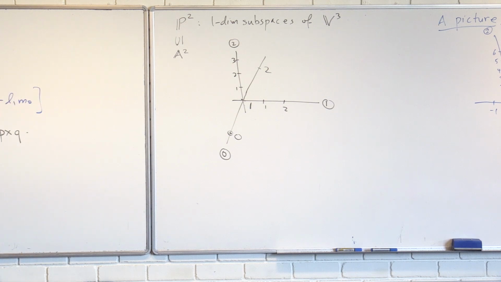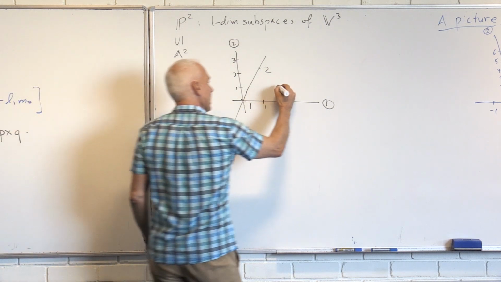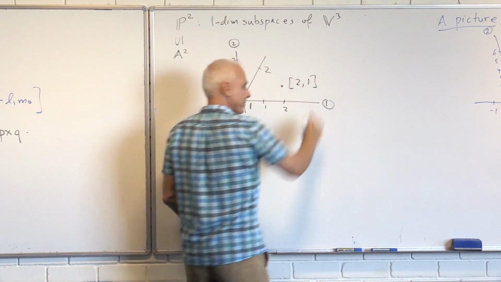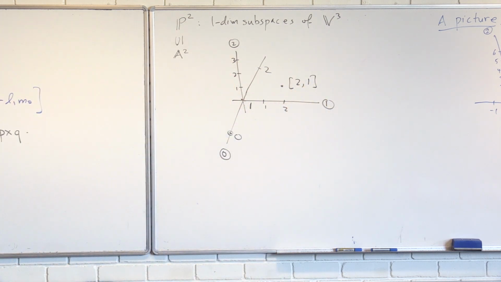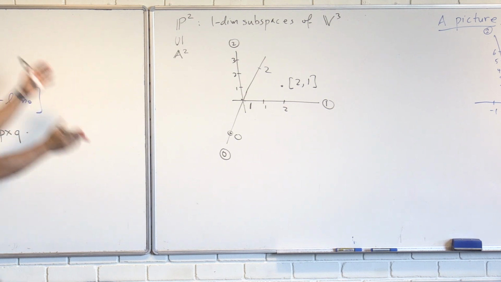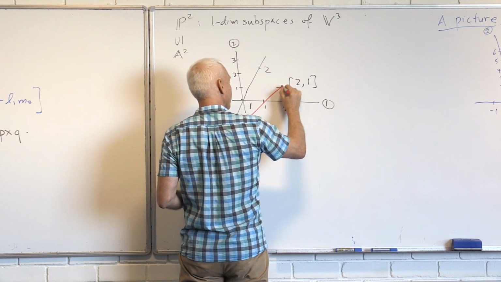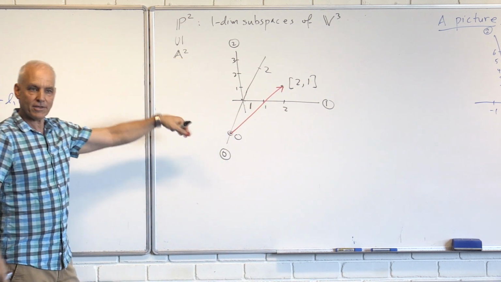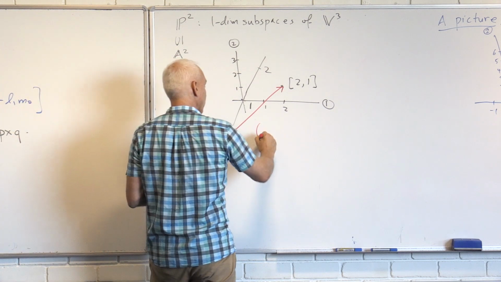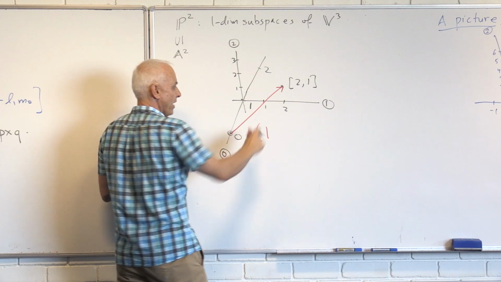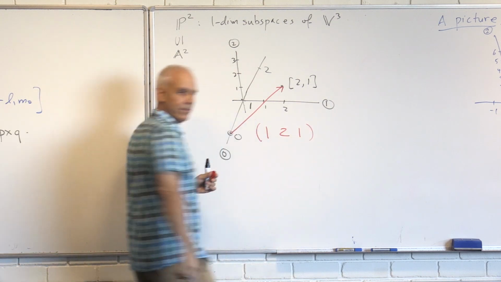The reason I can do that is because now let's say I have a point, say an affine point 2, 1. Then I can think of this as being in this three-dimensional space. So I can look at this vector here as a vector in this three-dimensional space. That's going to be the vector 1 in the first direction, and then 2, and then 1.